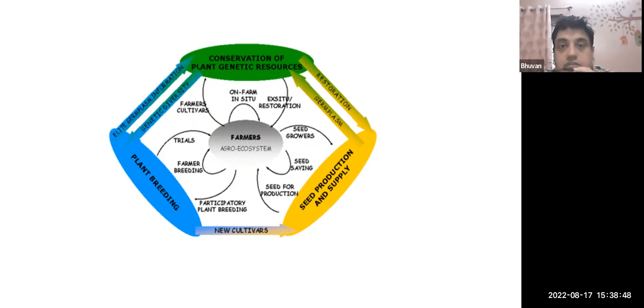If we conserve the plant genetic resources through restoration process, that gives us the constant supply of seed production, various kinds of newer seeds. And similarly, the conservation of plant genetic resources provides us the genetic diversity which can be used for plant breeding purposes.